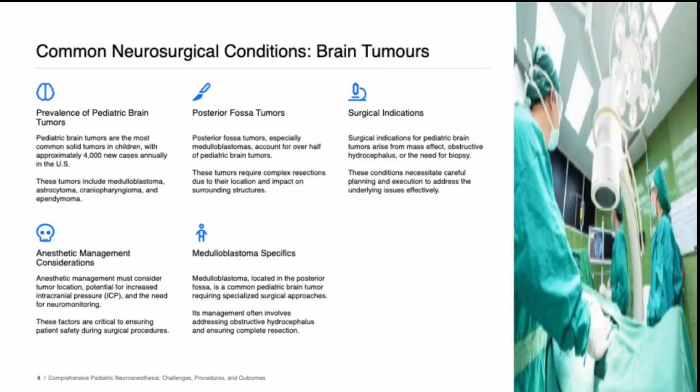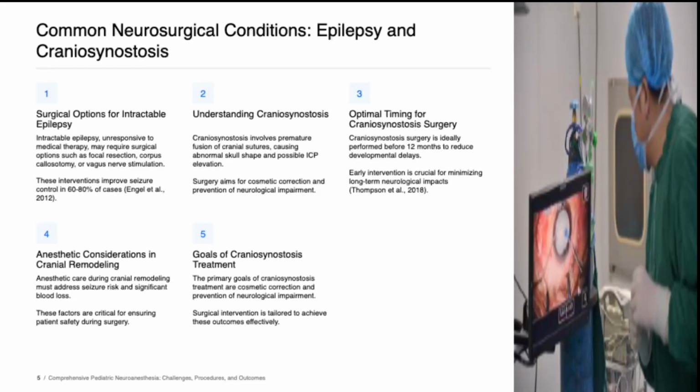As we move along, the next conditions that we're going to talk about are epilepsy and craniosynostosis. So in children, there are some surgical options for intractable epilepsy, and this may be things such as a focal resection of an epileptogenic focus.